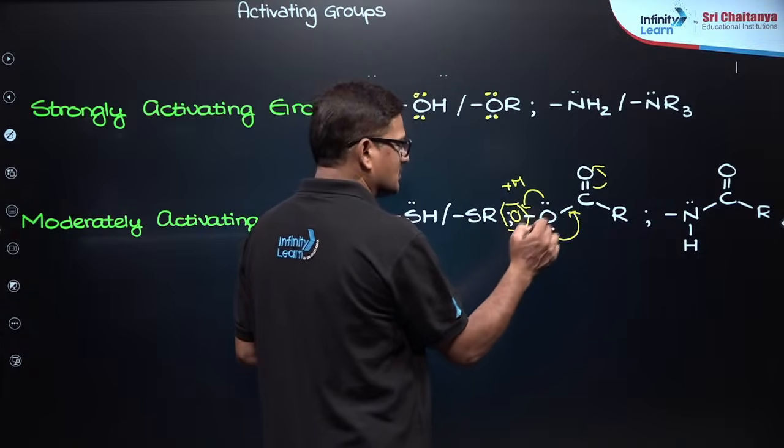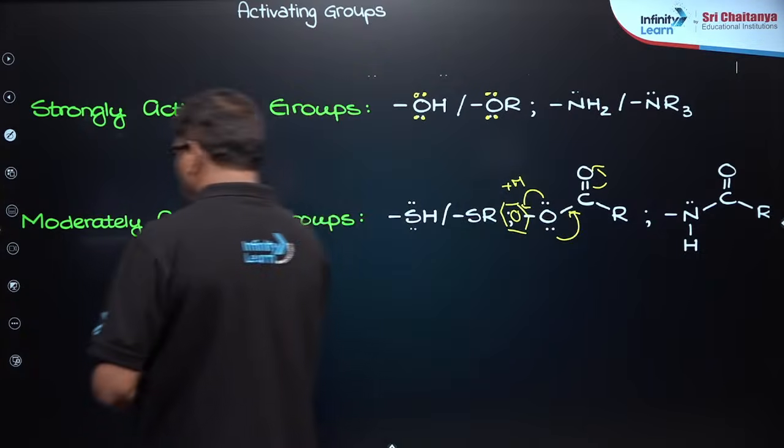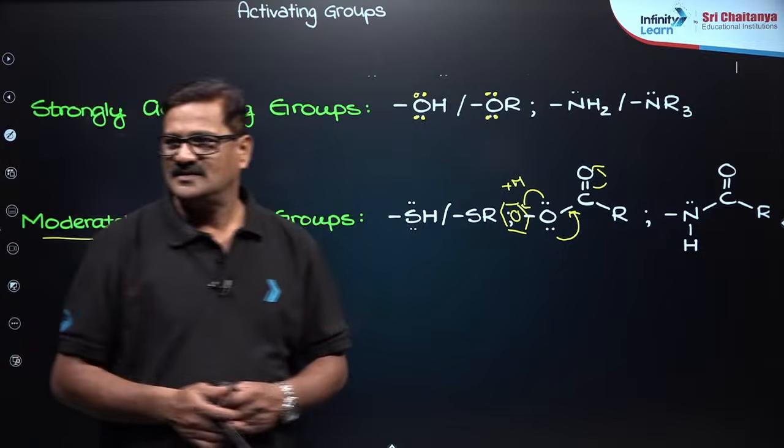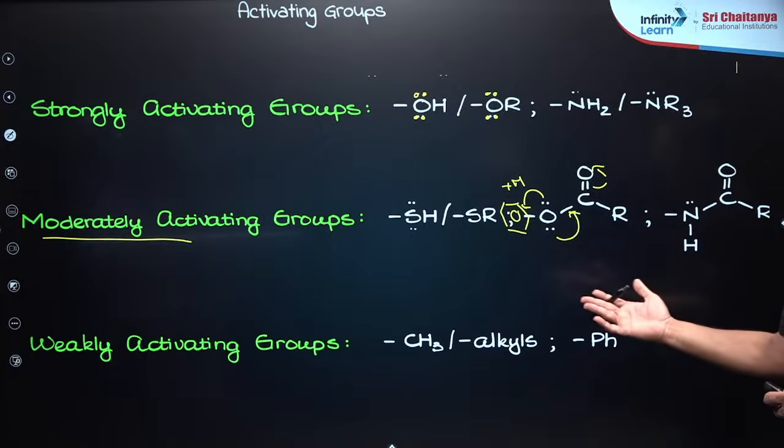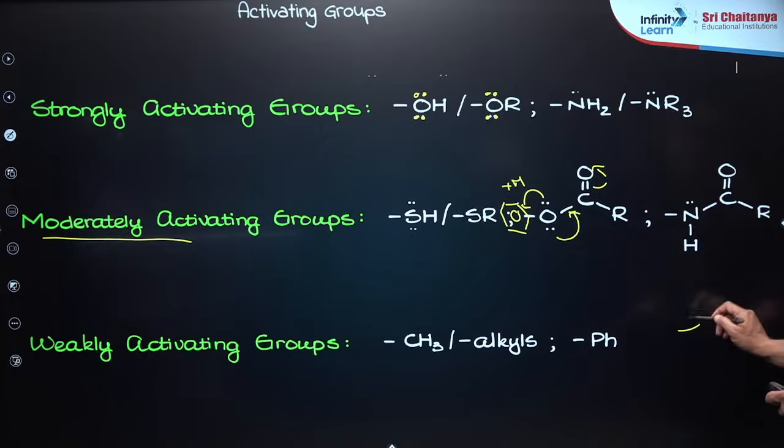That's the reason why it is moderately activating, right? And weakly activating groups, like those with a positive inductive effect, and chameleon groups are also there, can be weakly activating groups. Fine, beta.